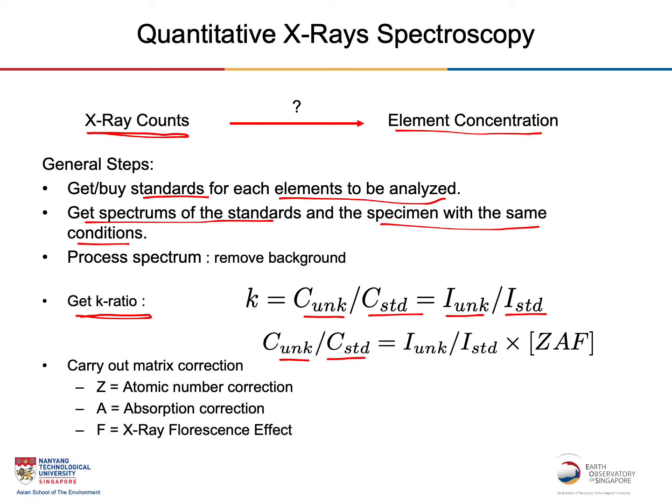And in that case, there's an iterative process that is done to adjust for that. They call it matrix correction. The one that is famously used is called ZAF correction. In ZAF, the Z represents atomic number correction, the A is the absorption correction, and the F is the X-ray fluorescence effect.